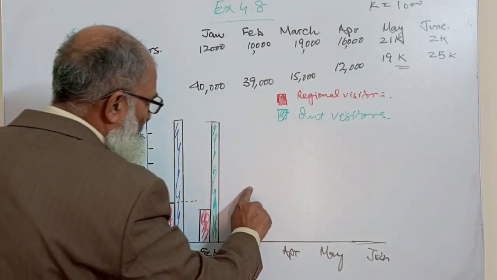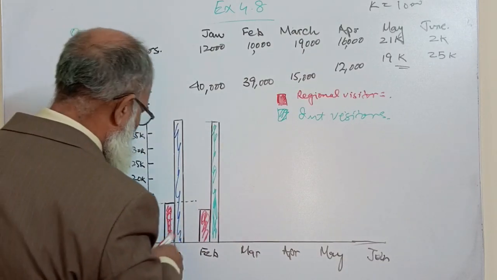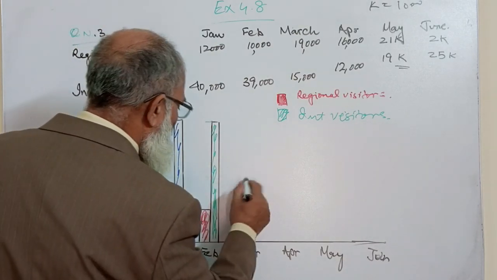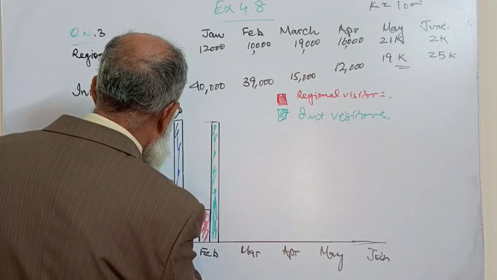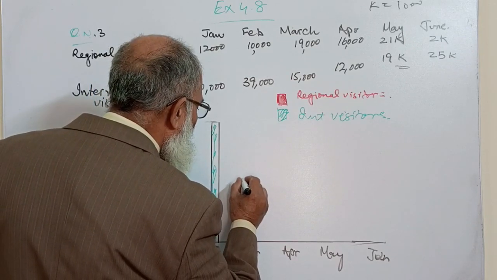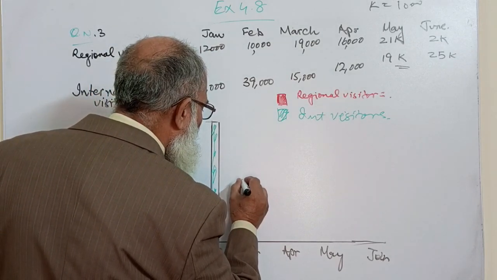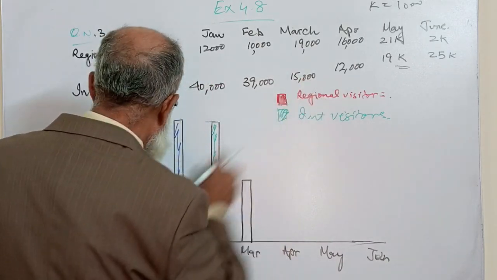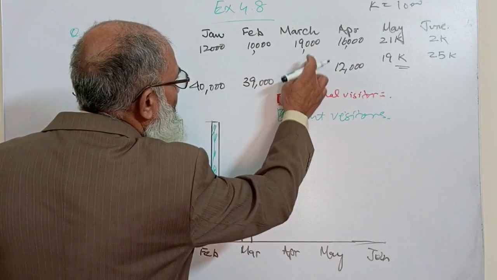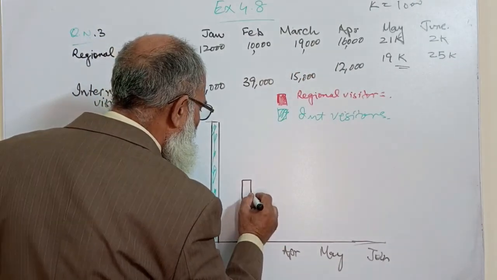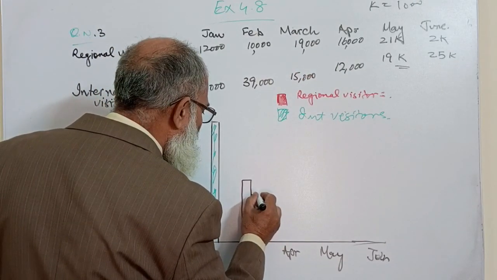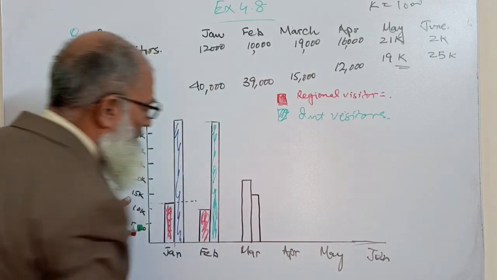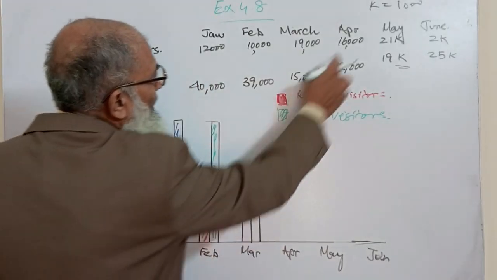Now 19,000 will come over here. With free hand, 19,000 will come over here, and 15,000 will come. You see that international visitors have decreased in this month, so it will become over here.